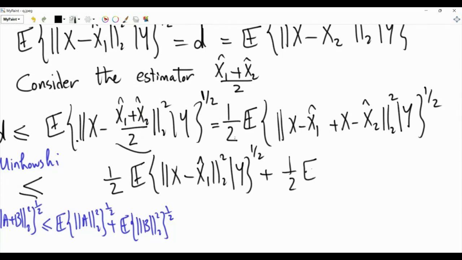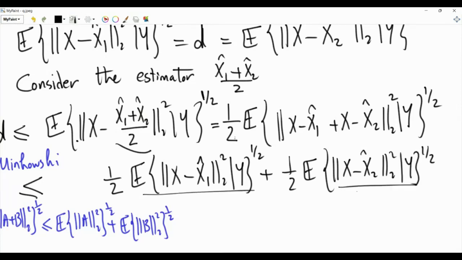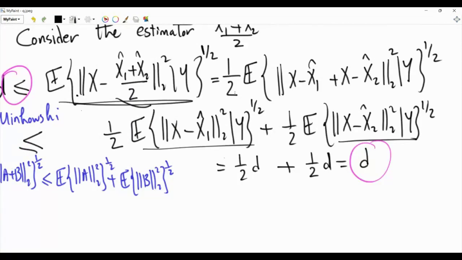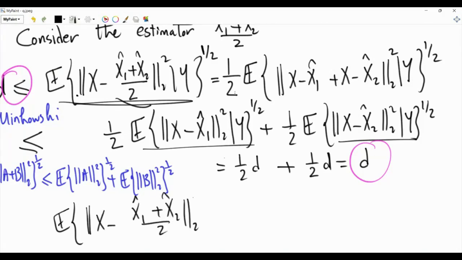And there is a similar term, but rather than using x1 hat, we have x2 hat. Now each one of those is equal to d. So this is half d plus half d. That's d. So we have a chain, and it starts here with d, and we end here with d. It means that this expectation is equal to d, which means that x1 hat plus x2 hat divided by 2 is optimal. It also achieves the minimum of the mean squared error.